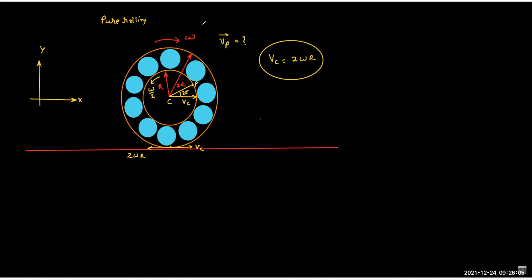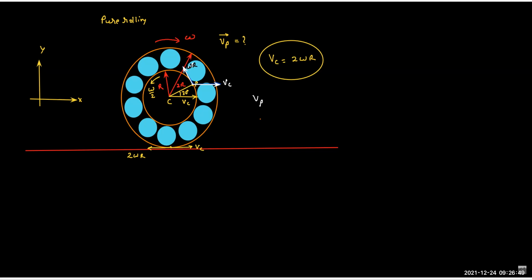So for point P, the motion with respect to the center is something like this, but the center itself is going this way. Understand? So the point P will have two velocities, one towards the right, another omega r this way. And therefore you can easily resolve into components.